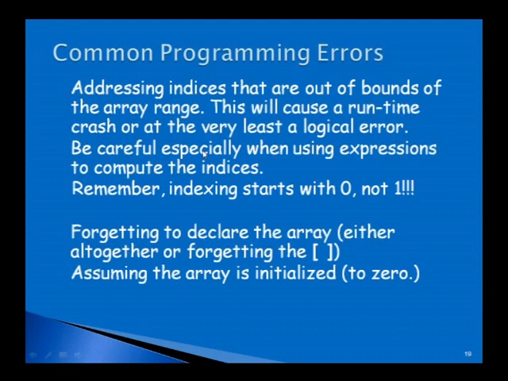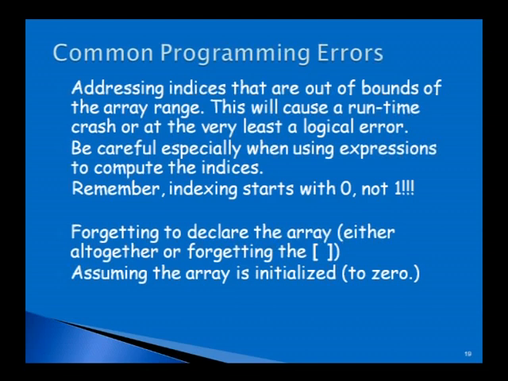So, the programmer generally would get confused because of this. We need to be careful, especially when we are using expressions to compute the indices. Generally the indices would be taken as integer values, but sometimes the index could also be expressed by making use of expressions which could be evaluated to an integer.